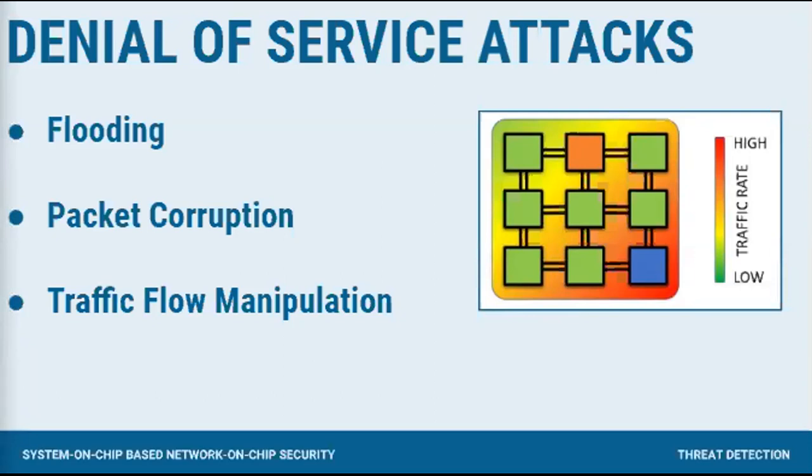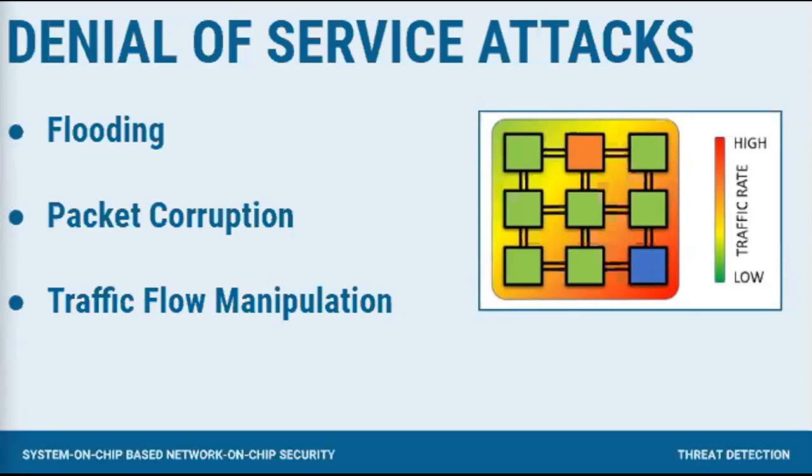In the context of network on chip, there are several threat models that have been explored. The threat models are flooding, packet corruption, and traffic manipulation. Flooding means a denial of service attack can come from a malicious intellectual property within a system on chip, manipulating the availability of on-chip resources by flooding the network on chip with packets.